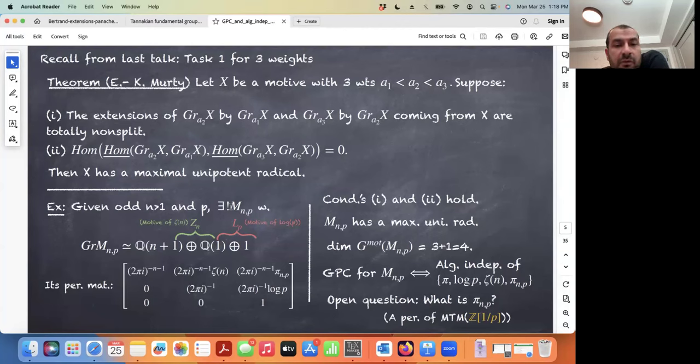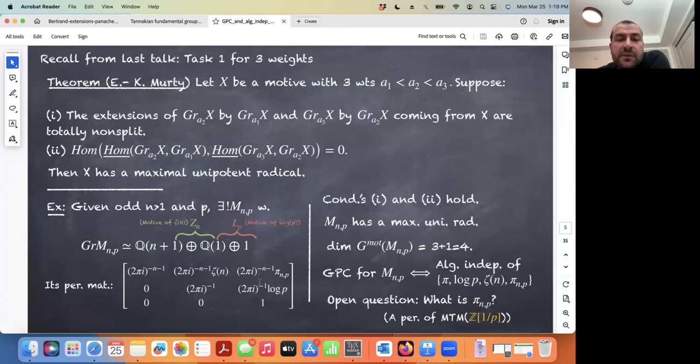So what's the dimension of the motivic Galois group then? For the unipotent radical, you now have 3 choose 2, which is 3, as the dimension, and then 1 for G_m for the reductive portion. So the dimension of the motivic Galois group is 4. And this is the period matrix. This portion of it is for zeta of n, this portion is for log p, and then there's this more mysterious entry up there.